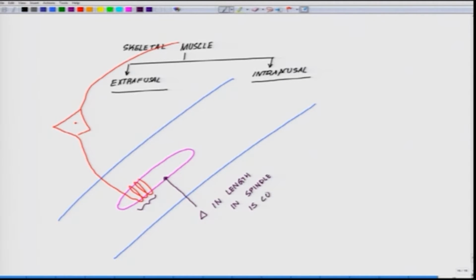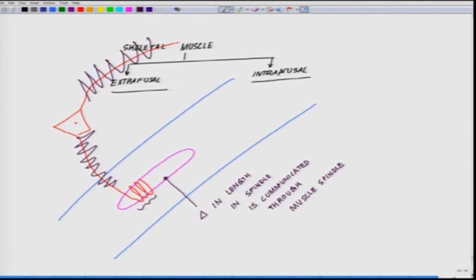is communicated through the muscle spindle. So, there is a train of stimulus which travels along like this.